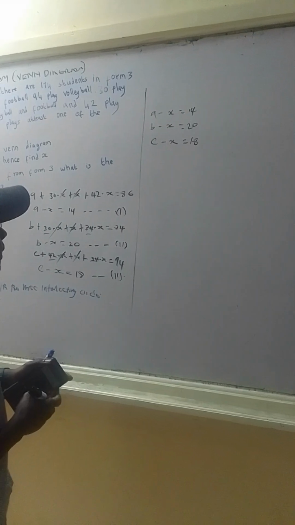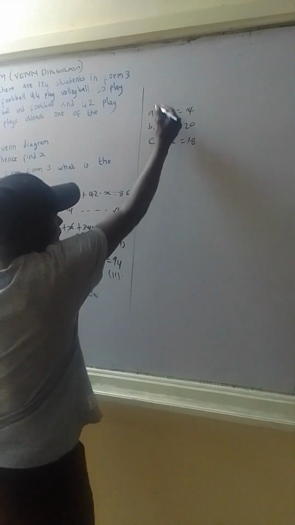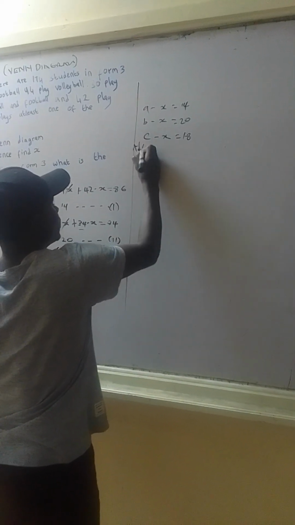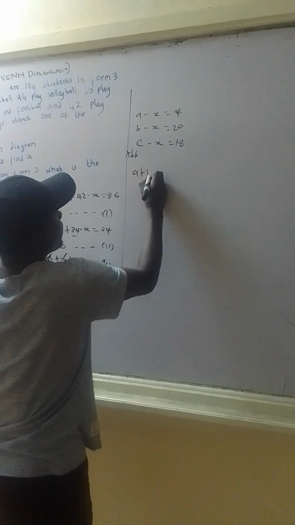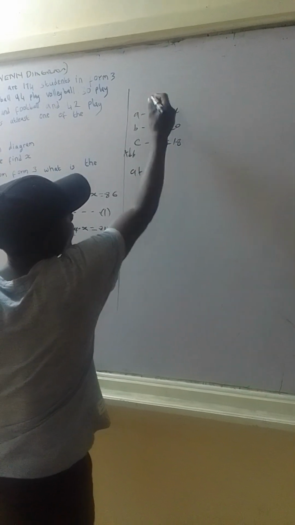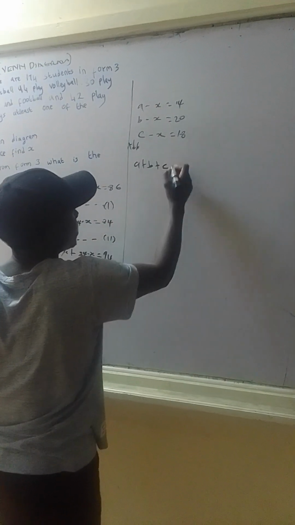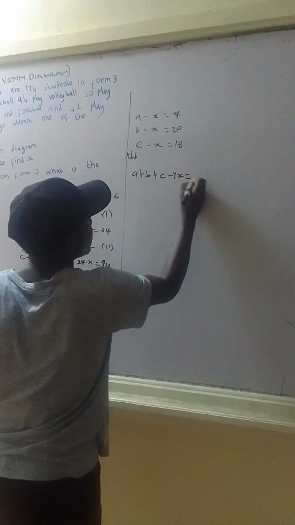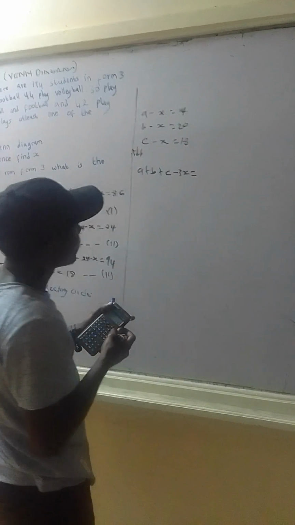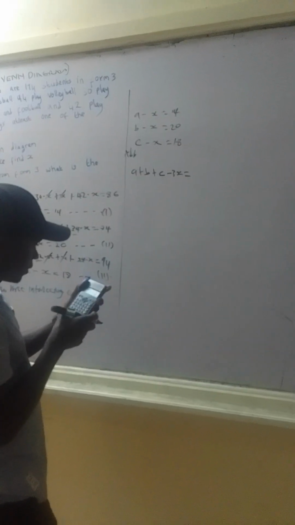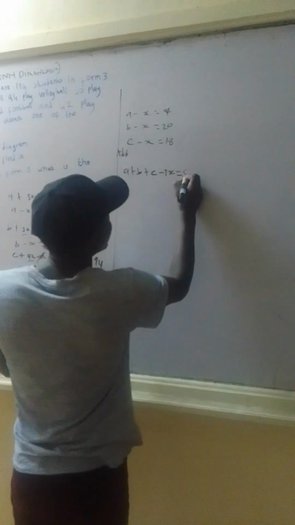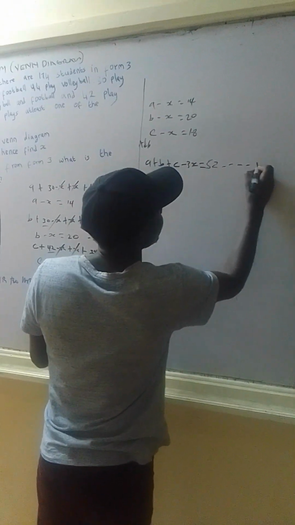So for this part, let me say I add this one, a plus b plus c. Then if I add minus x minus x minus x, it will be minus 3x is equal to, this one is 34 plus 18, 52. I call this one equation 4.